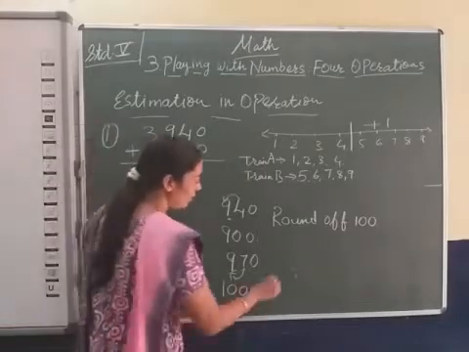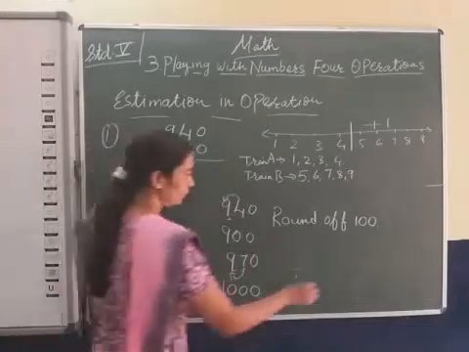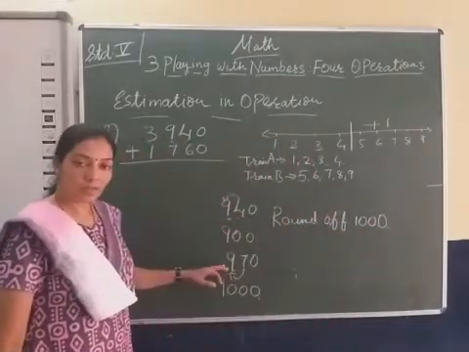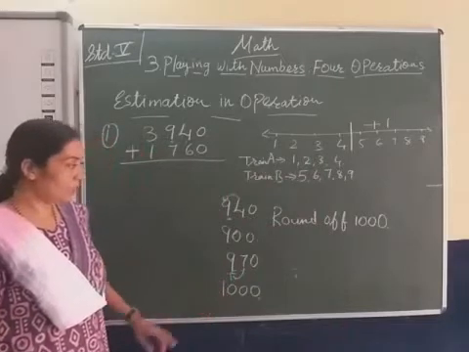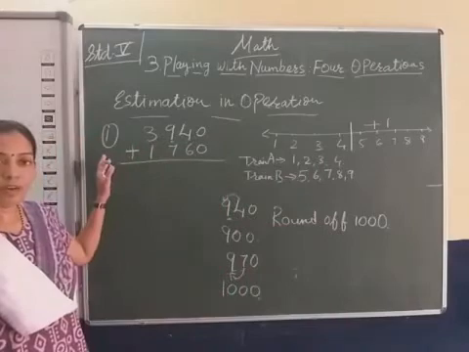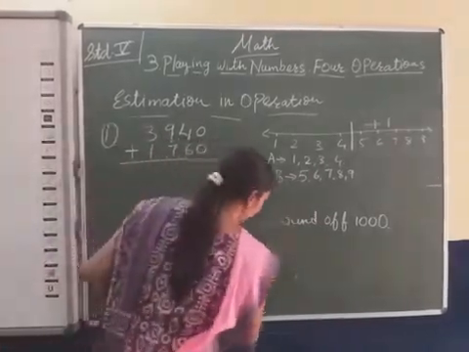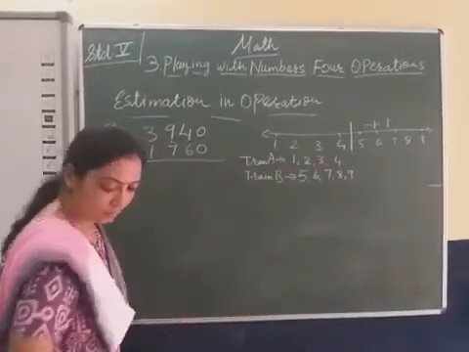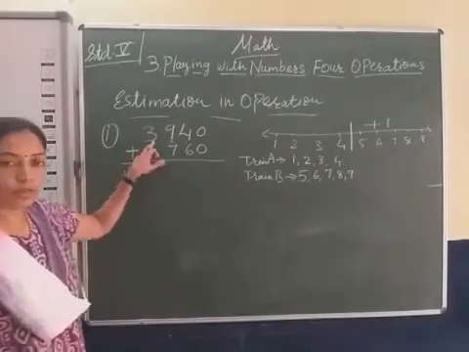For example, we will take here this round off of 1000. This 900, when we round off, the nearest amount is 1000. Now let me see the round off of 1000. What is the rule?